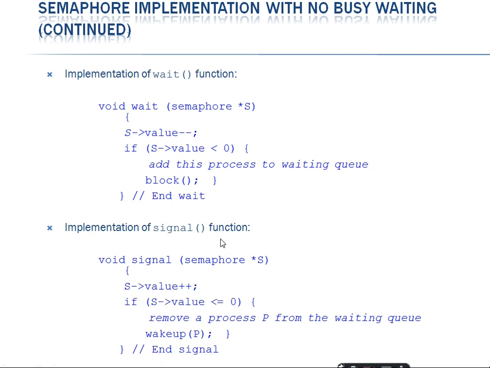In the implementation of the signal function, as the signal function is called, the value of the semaphore is incremented, and we check if it is less than or equal to 0. If it is, we remove process P from the waiting queue and call the wakeup operation on this process.